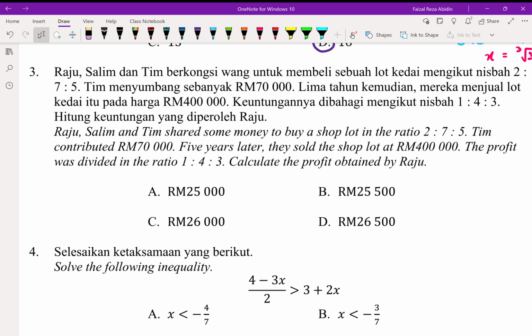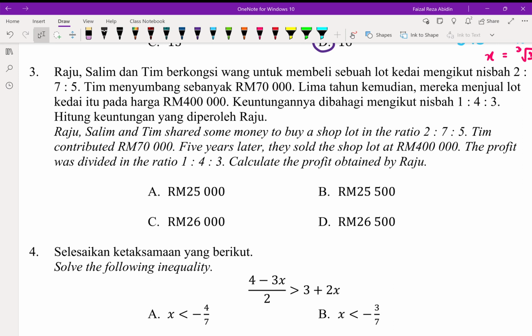Okay, number 3. Raju, Salim and Tim share some money to buy a shop lot in the ratio 2:7:5. Tim contribute 70,000. Okay, I stop until there first. This is going to be ratio.